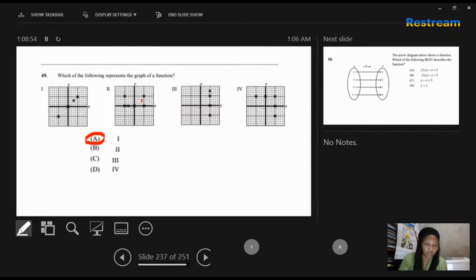For the others, when you look at the graph of a function, you should be able to draw a straight line down from any point and only have one value. If we draw a straight line down here, we'd have two values. Here we have three values for y. All right, so this is the function. Anywhere you draw a straight line down, it gives you only one value for y.